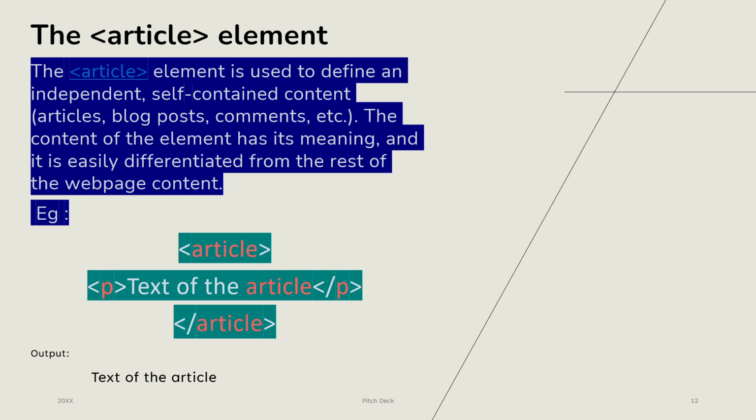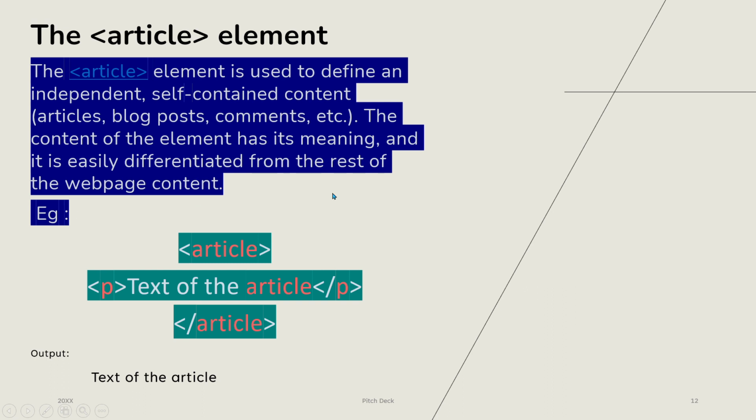Next comes the article element. The article element is used to define independent, self-contained content: articles, blog posts, comments. The content of the element has its own meaning, and it is easily differentiated from the rest of the web page content.